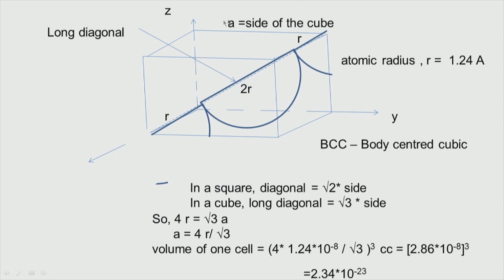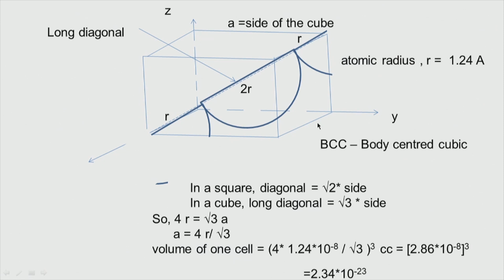Now, volume of one unit cell, okay, is a into a into a. Here r is 1.24 angstrom, so we convert it into centimeter, 10 power minus 8. So, it is 4 into 1.24 into 10 power minus 8, whole thing raised to the power 3. So, this is the volume of one cell.